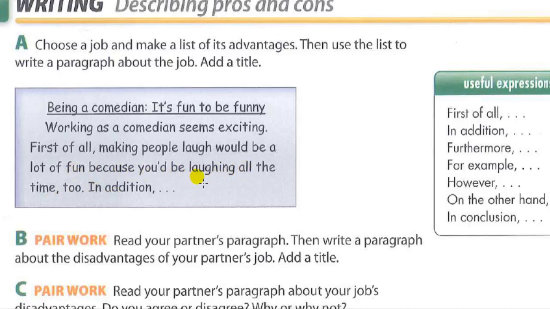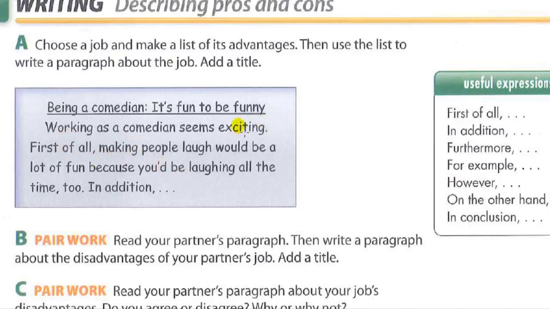Of course, you know how to write a paragraph from levels 2, 3 and 4. But in this level, you can use useful expressions like first of all, in addition, furthermore, for example, however, on the other hand, in conclusion. You use these expressions because they make your paragraph better. Don't write sentence, full stop, sentence, full stop.